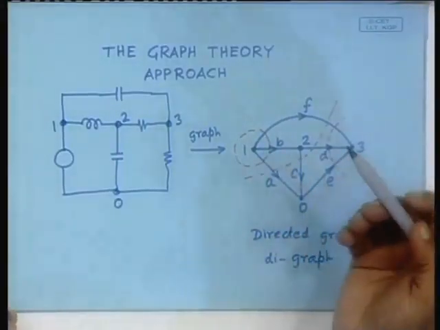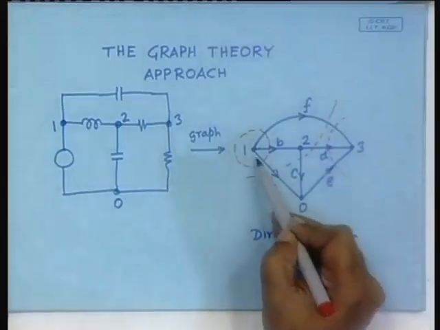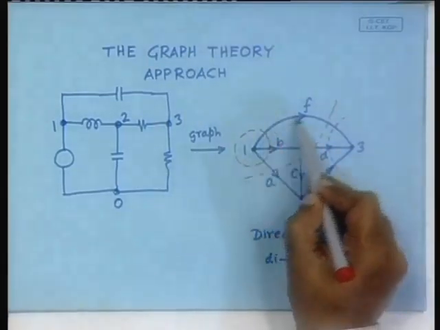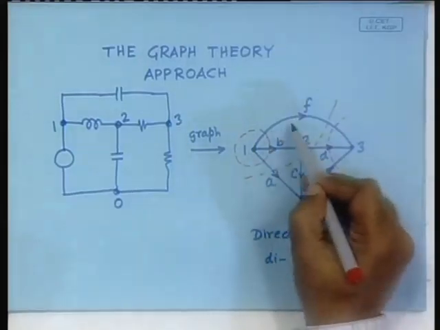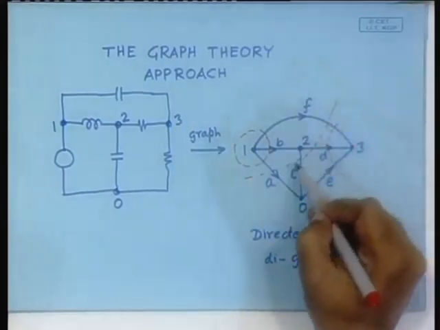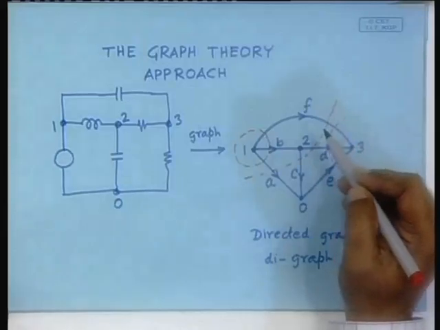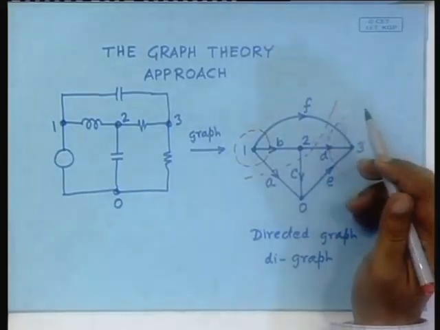Here again we can write in the old way IA plus IB plus IF equal to 0. So, this is something that we knew already, but what we have learnt now is that it is also related to cut sets, not only nodes. Okay.